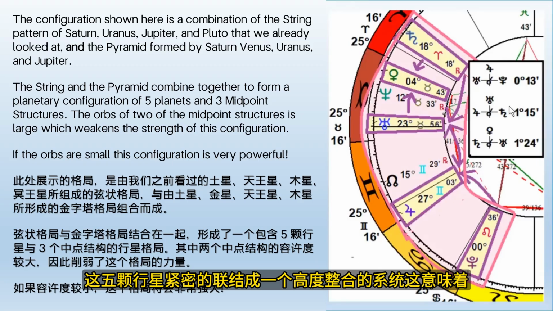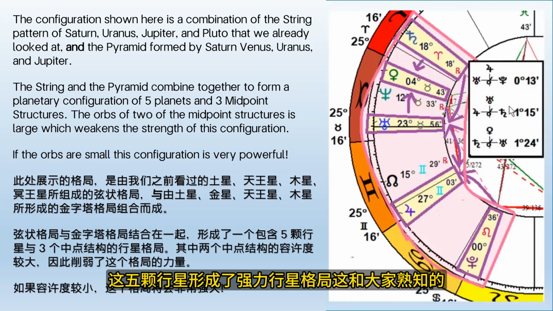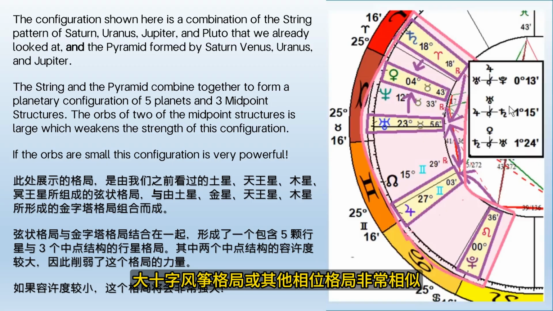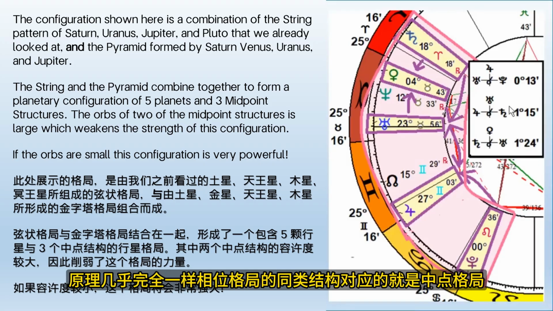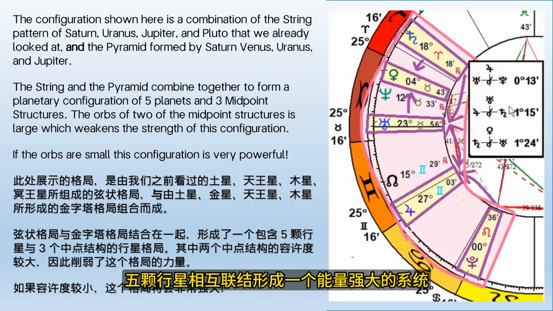What this means is that those 5 planets are acting as a strong planetary configuration, very similar to the way you would think of a grand cross or a kite configuration or some aspect configuration. This is extremely similar. It's the analogous thing to an aspect configuration is a midpoint configuration.